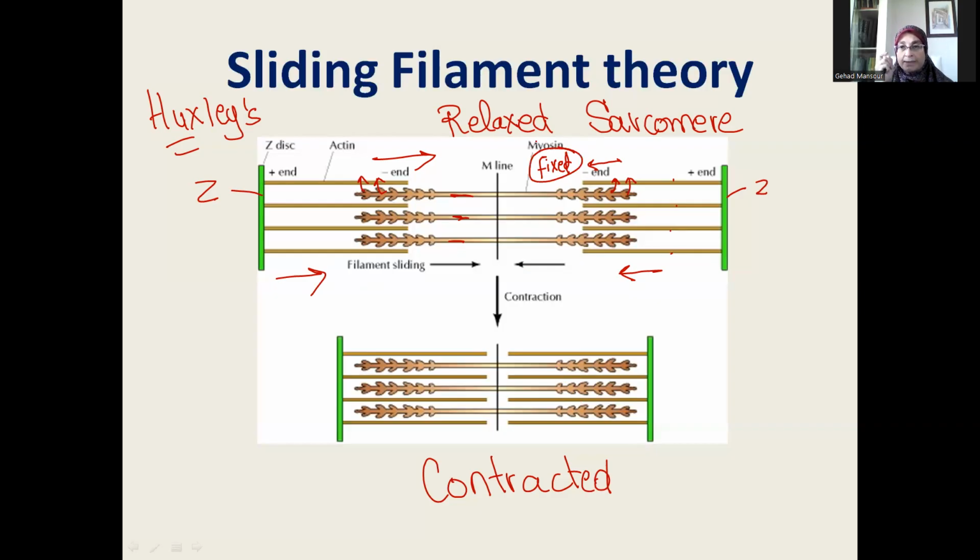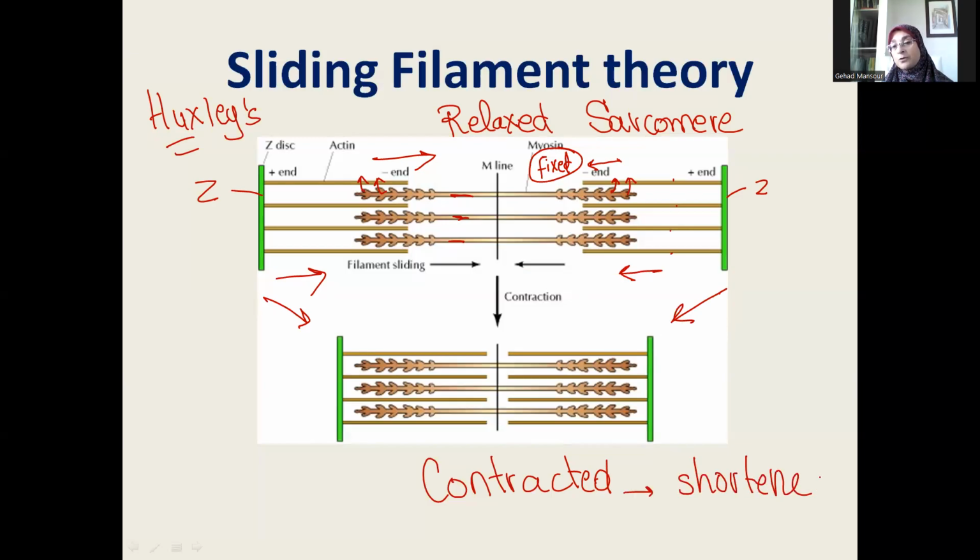It's only their heads that attach themselves on both sides to the actin and start pulling them step by step towards the center. So actually it is the actin filaments that slide over the myosin filaments until, as you can see, the sarcomere gets shortened. So a contracted sarcomere is a shortened sarcomere.